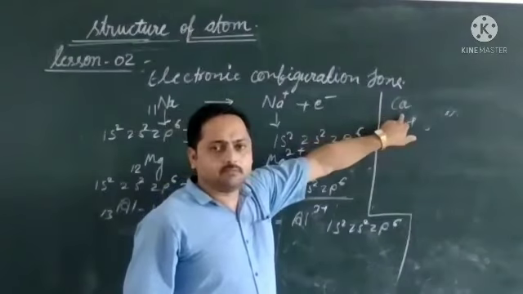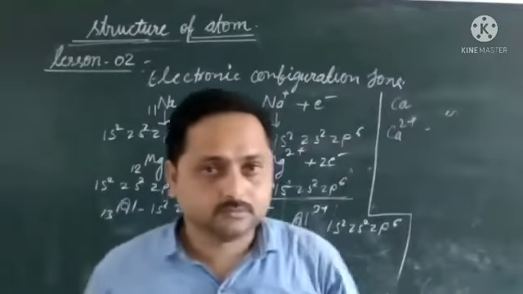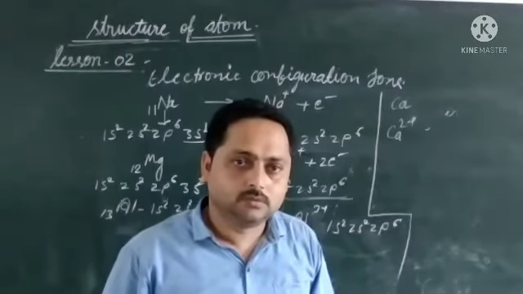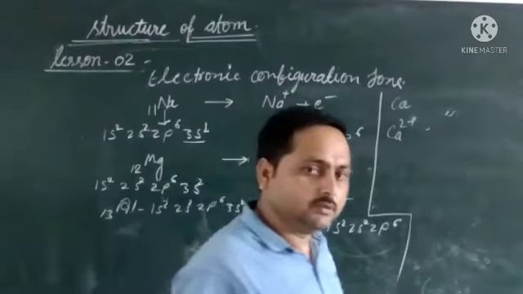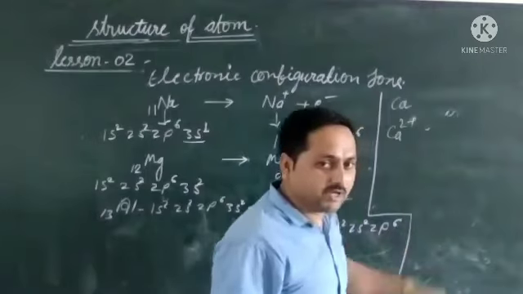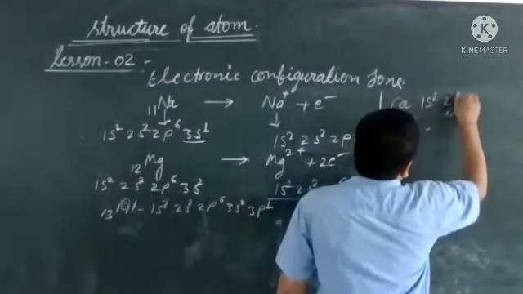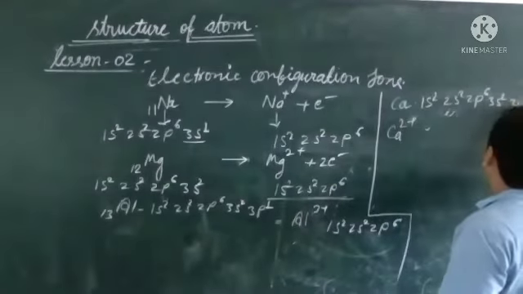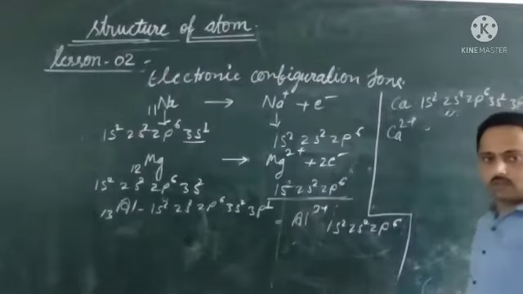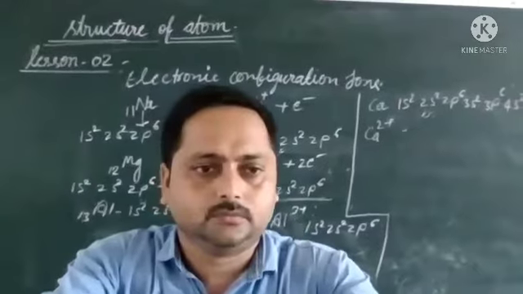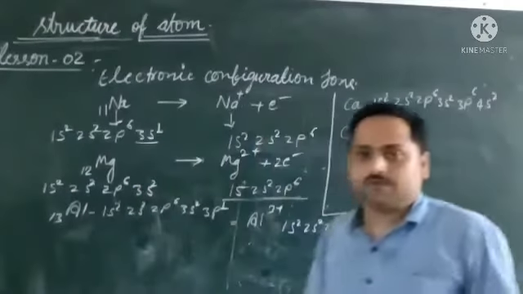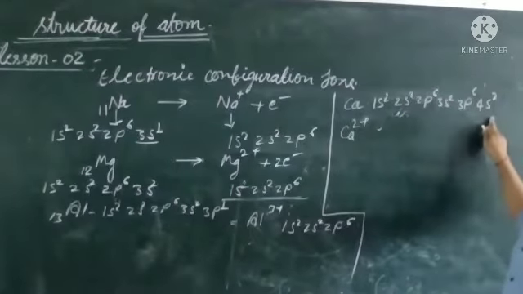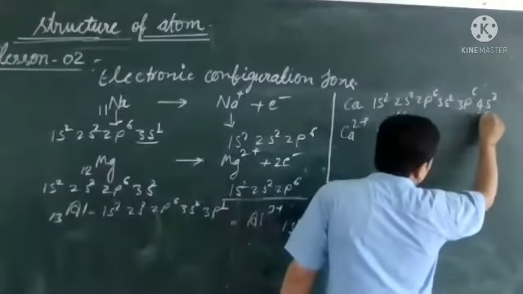First write calcium, then calcium ion. Write it. Now I will write after you: 1s2, 2s2, 2p6, 3s2, 3p6, and 4s2. That is for calcium.